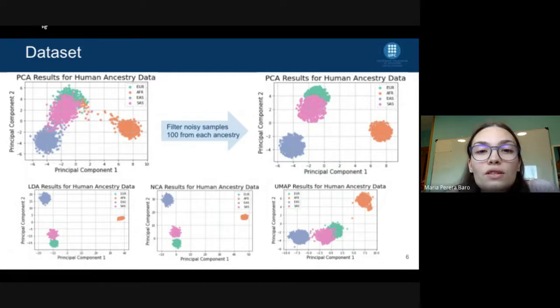So as a first step, we decided to remove those samples, and the resulting PCA is this one. I also tried different dimensionality reduction techniques like linear discriminant analysis, neighborhood component analysis, and UMAP. The three methods are also dividing the data into clusters.